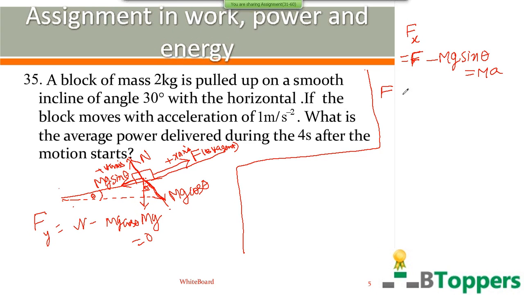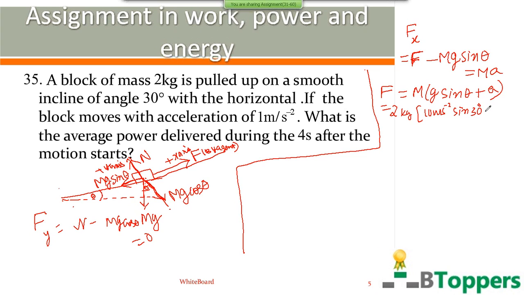So the magnitude of the force applied on the block by the external agent, we can write as m into (g sin theta plus a). Now substitute all the given numericals. The mass of the block is given to be 2 kg. g is given as 10 meter per second square.